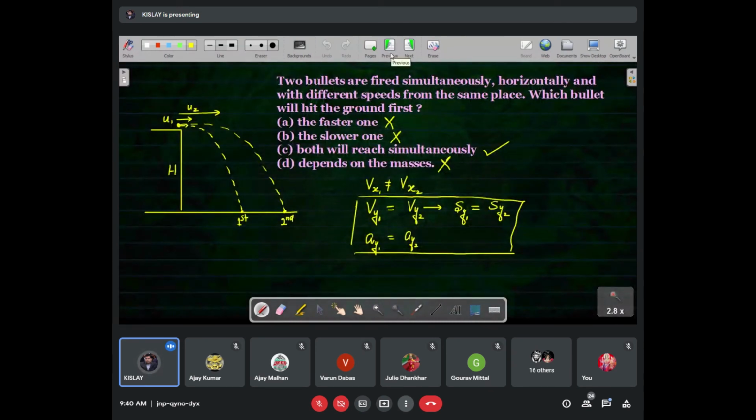I'm just taking the question. थोड़ी जल्दीबाजी में मैंने कम क्वेश्चन लिया था. Okay, just I'm taking the question.